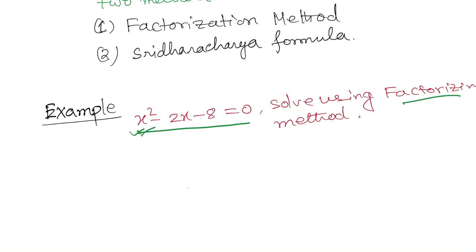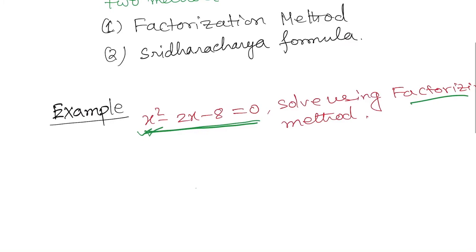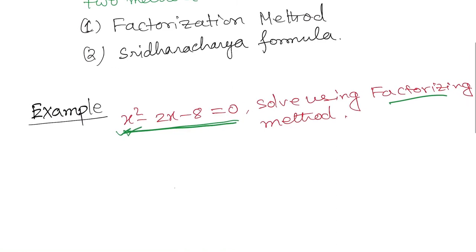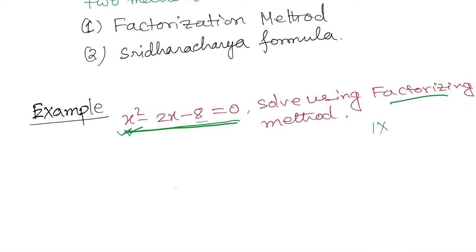First, calculate mathematically. So first factorize this quadratic equation. In the factorizing method, first you write the coefficient of x square, which is 1. After that you multiply by the constant part, which is 8.